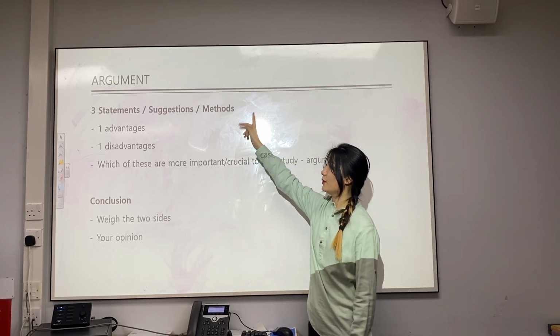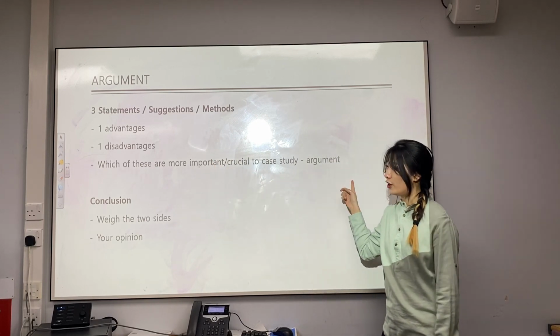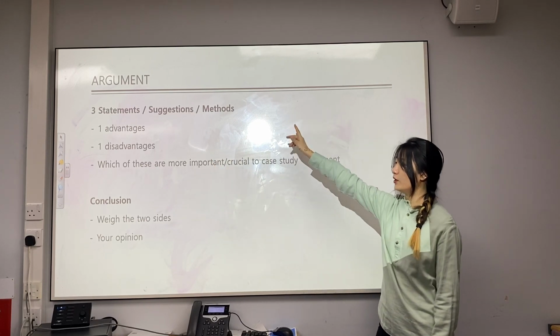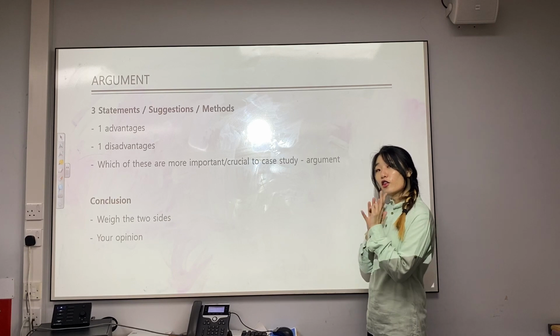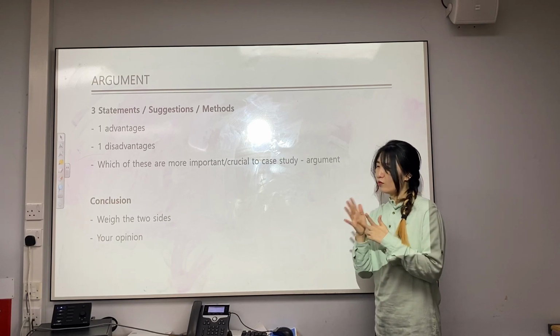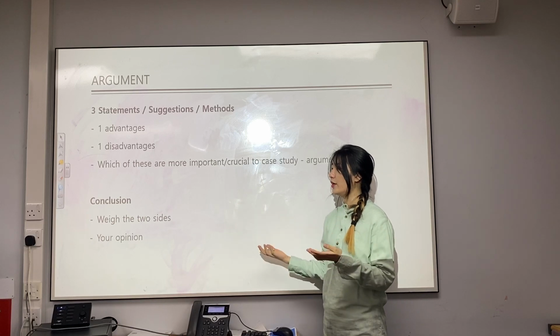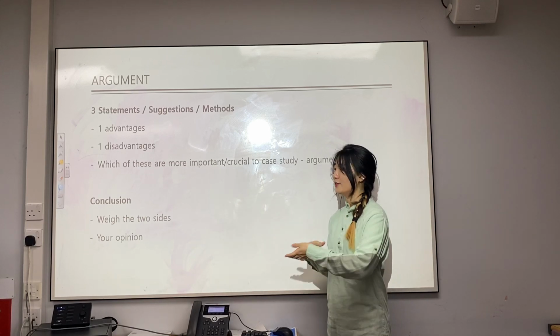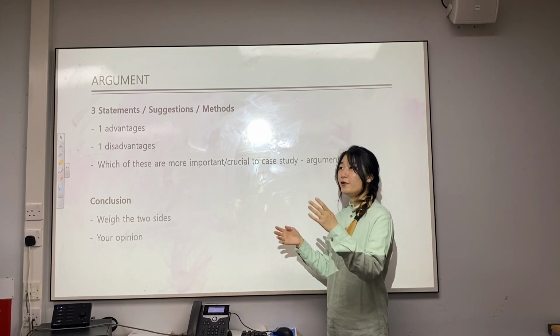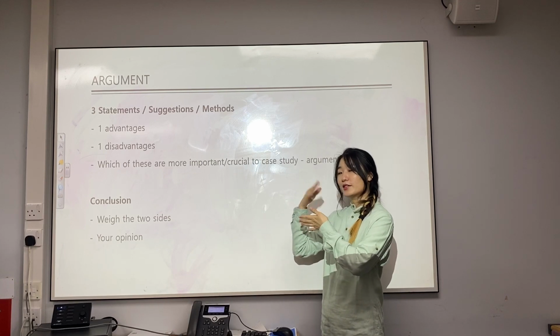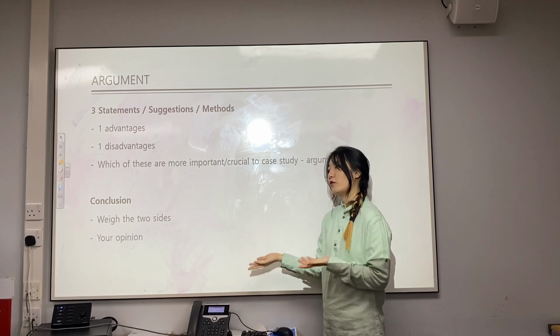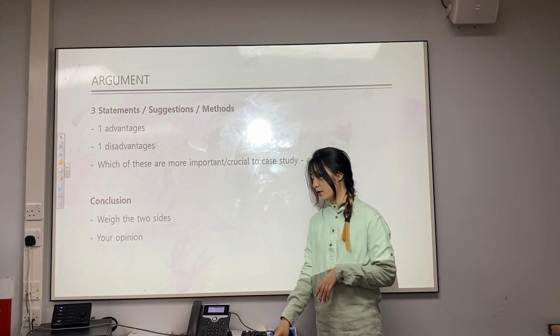And then your second statement: advantage, disadvantage. Are they important to the case study? And then the third one, and so on. Three usually, if you can do more, but no less than three. And conclusion, weighing. It says two sides, all sides, or if you've already shortlisted some of them, weigh the final two or three, and then give your opinion on each of them.